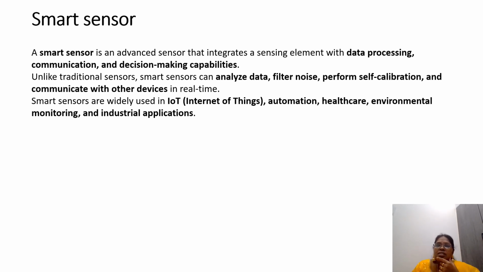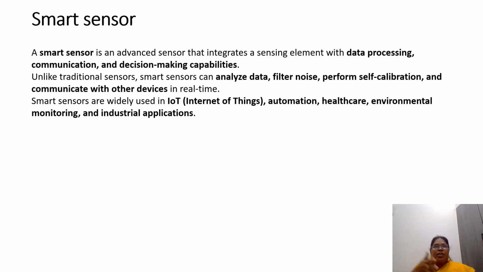In traditional sensors we have to analyze the data, filter the noise, go for calibration, and then communicate in real time. But with smart sensors we now have IoT, the Internet of Things. It will automatically let you control things from anywhere.